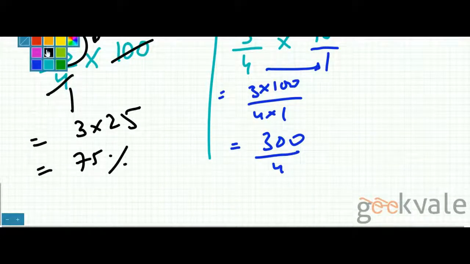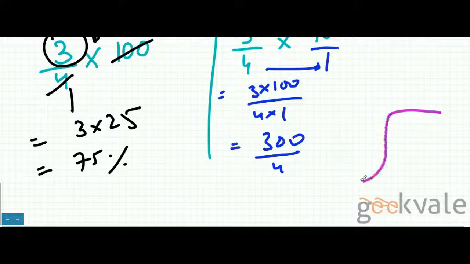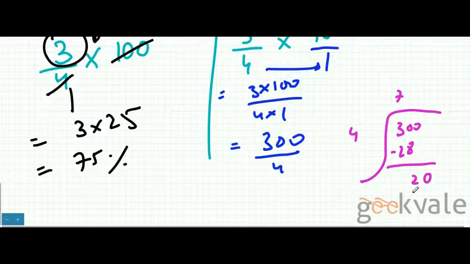Or what you can do is just divide 300 by 4. 4 times 7 is 28. Subtract, you get a 2 from there and 0 from there. 5, 4 times 5 is 20, subtract, 0. 75%. It's as simple as that.